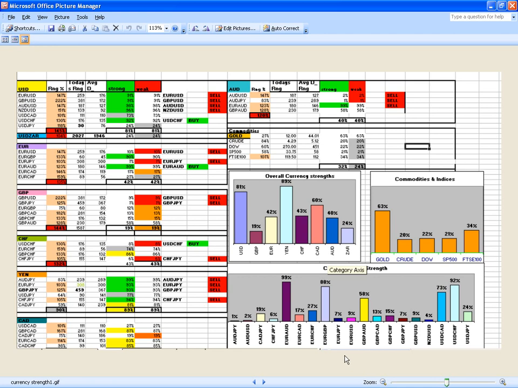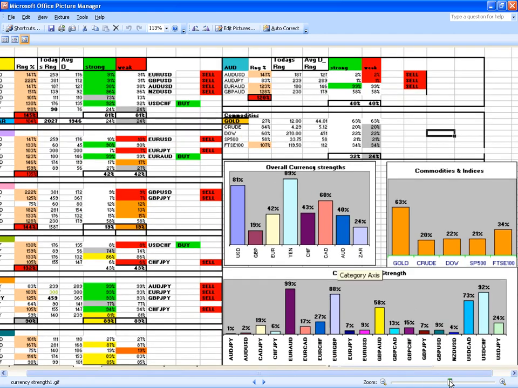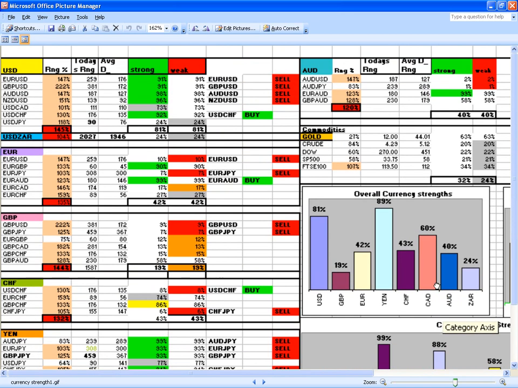Alright, what we can see here, if I can just zoom in a bit, is you have the US dollar, which is then measured against a basket of currencies. That then is averaged out and you get the overall strength of the US dollar.